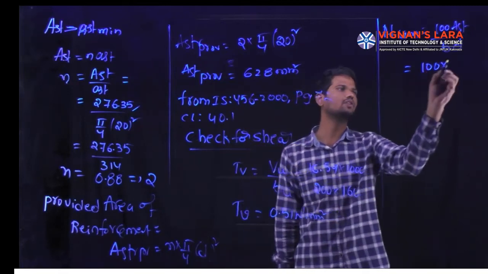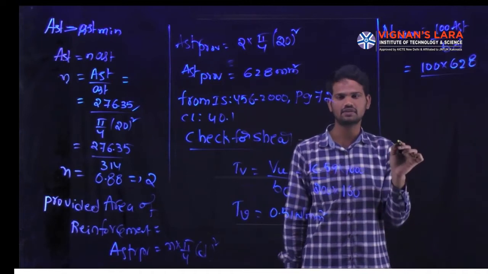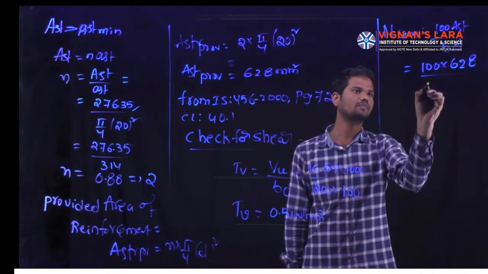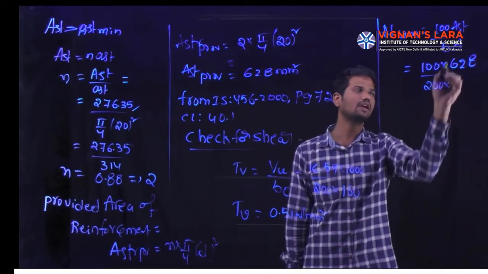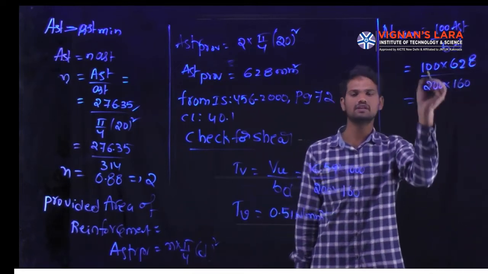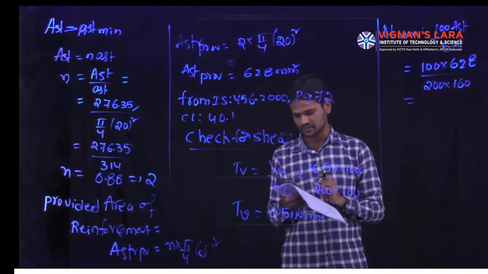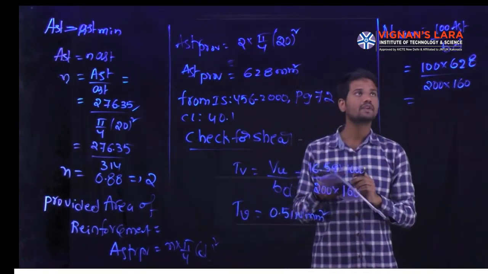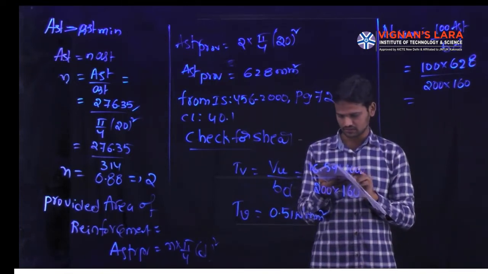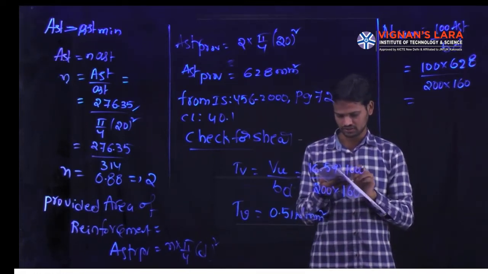That means 100 into 628 divided by b into d, where b is the width of the beam and d is the effective depth of the beam: width of the beam as 200 and effective depth of the beam as 160 mm. If you substitute these values, you will get the percentage of reinforcement. That means 100 into 628 divided by 200 into 160.